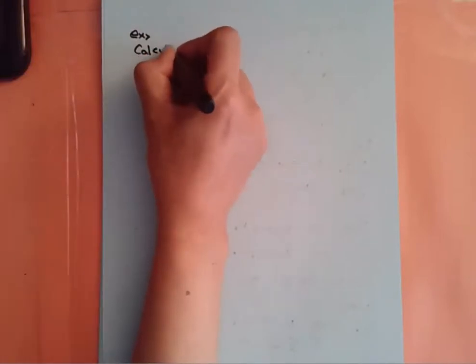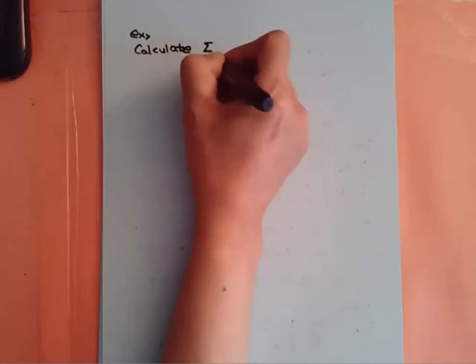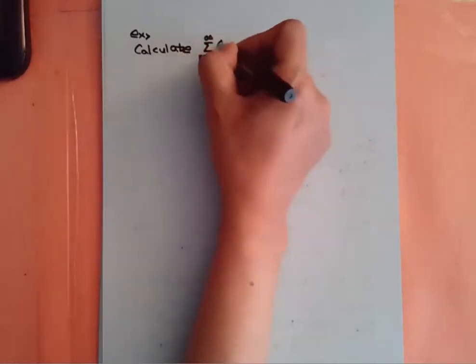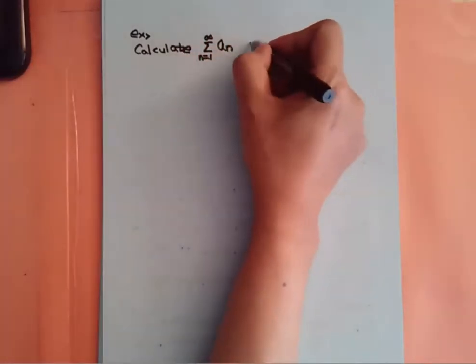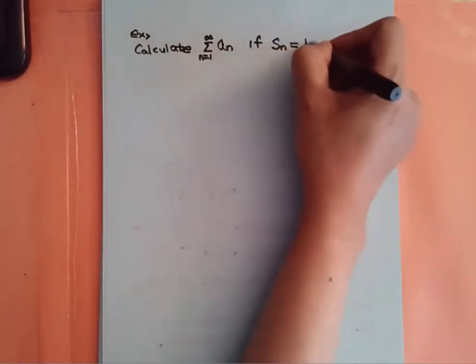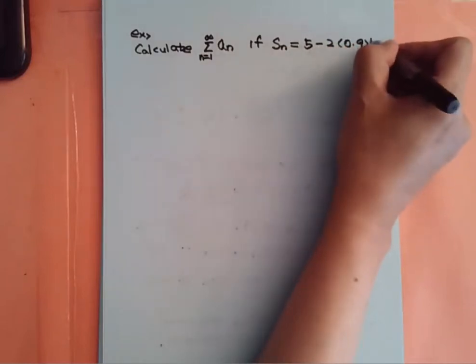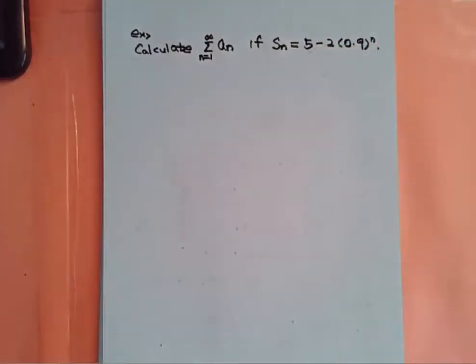So calculate the summation from n equals 1 to infinity of a_n if the partial sum is given as 5 minus 2 times 0.9 to the n power. So what we are doing is thinking about how the partial sum determines the infinite series.